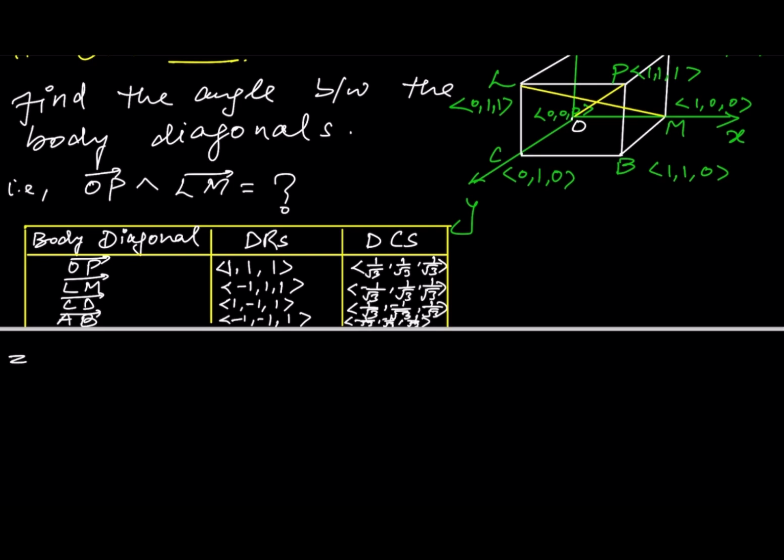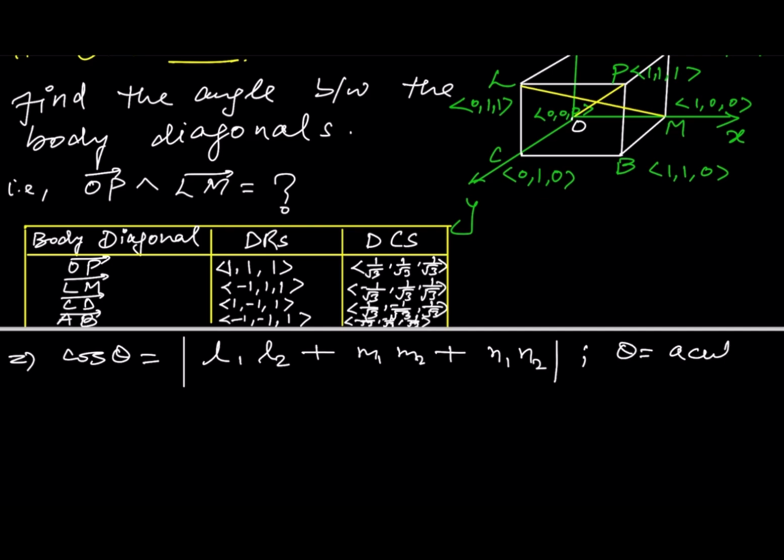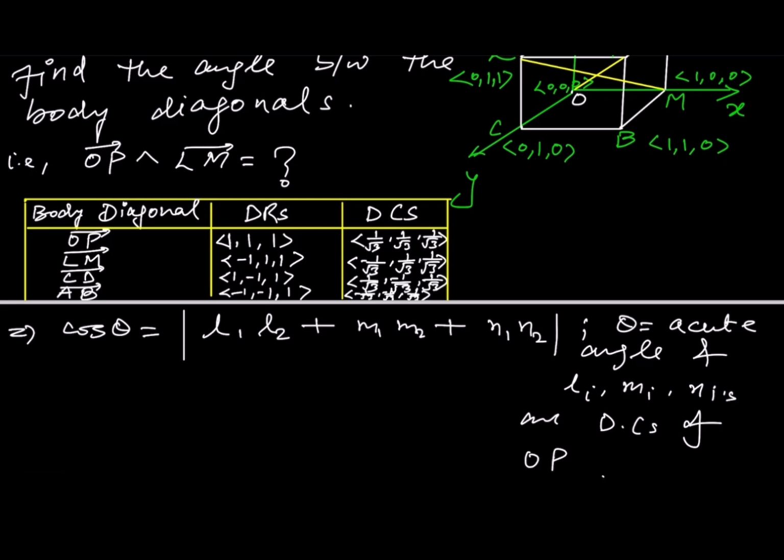So cos theta can be found using the mod of L1 L2 plus M1 M2 plus N1 N2, where theta is an acute angle and the Li's, Mi's, Ni's are the DCs of the OP and LM vectors.